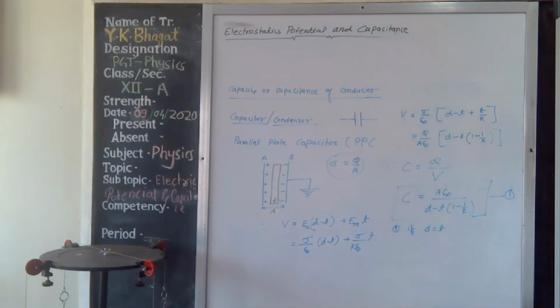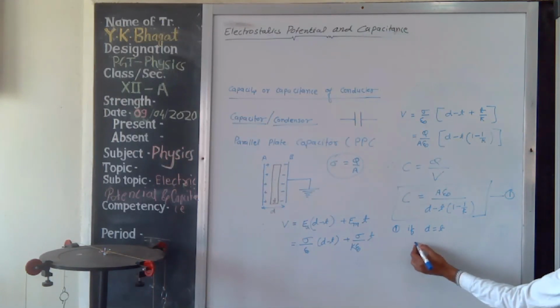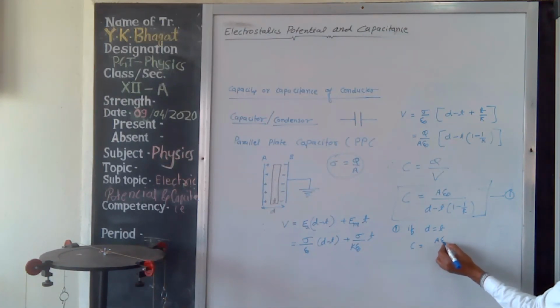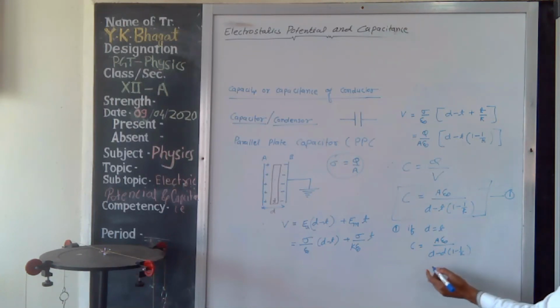If D equal to T, then C equal to A epsilon naught upon D minus D, 1 minus 1 by K. D minus D, C equal to A epsilon naught upon D minus D plus D by K, D by K. Such type of expression is obtained.